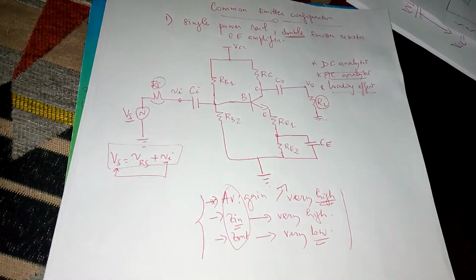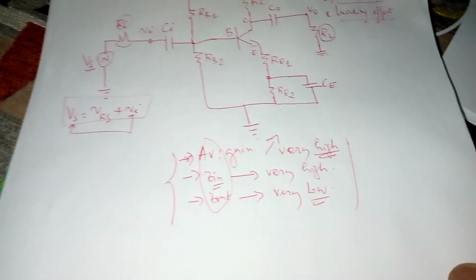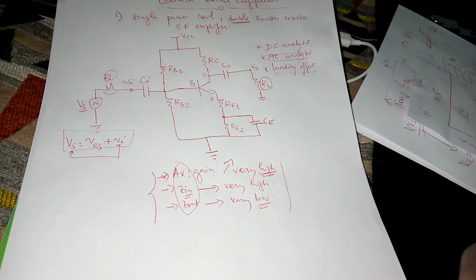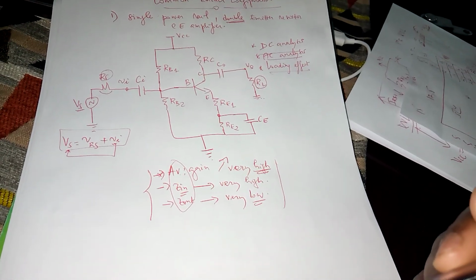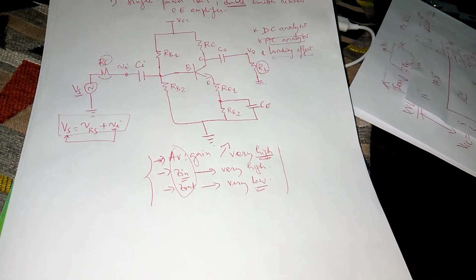So let's start. In terms of DC analysis, although this has been discussed in Electronics 1 as well as in this Electronics 2, the first thing we do is to see what the circuit becomes when we do DC analysis.